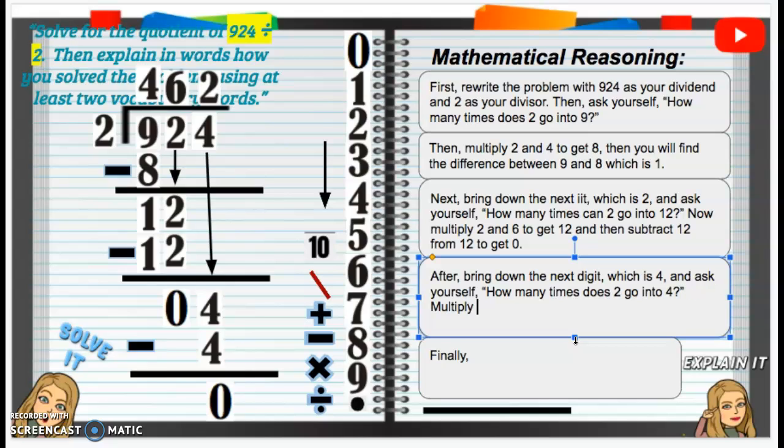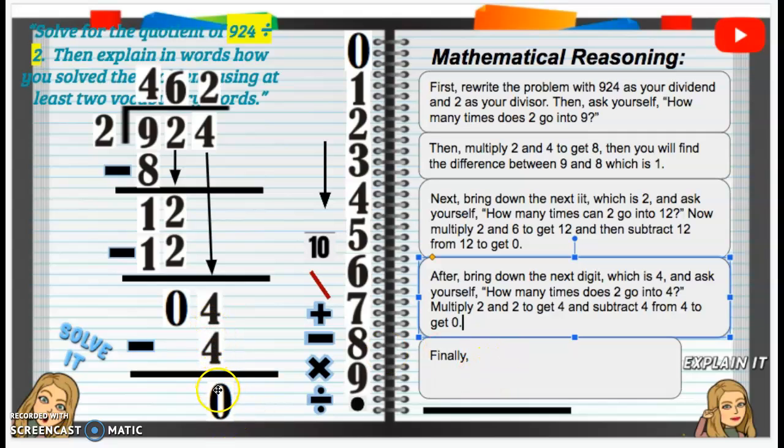Multiply. Then, so we asked ourselves how many times 2 goes into 4. We know that's 2. So then we multiply that 2 by 2 and get 4. So multiply 2 and 2 to get 4, and subtract 4 from 4 to get 0.